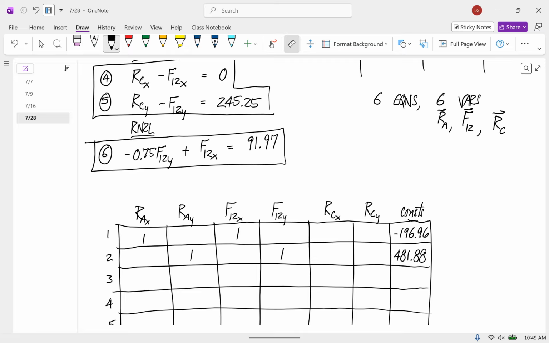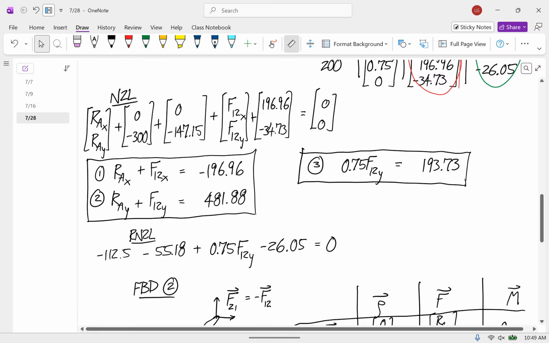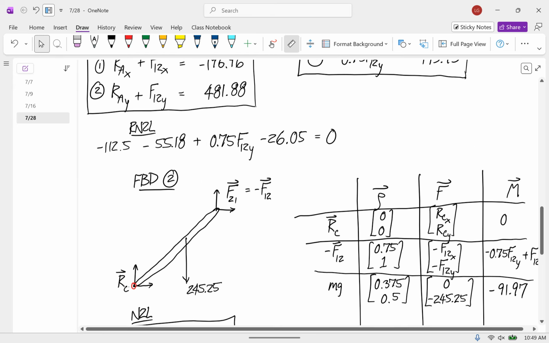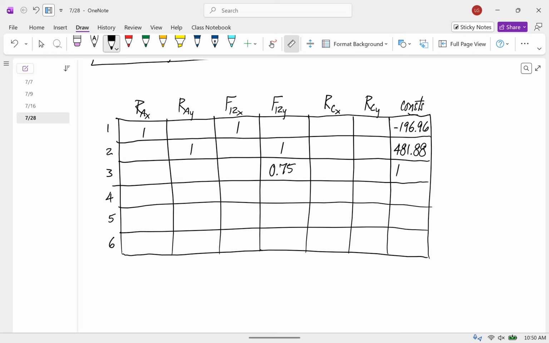For Newton's second law, a lot of times you'll see a lot of variables with this switched over one thing. That's just because one equation represents the x components and one equation represents the y components. And then for rotational Newton's second law, F12y's, we have 0.75, and then 193.73.